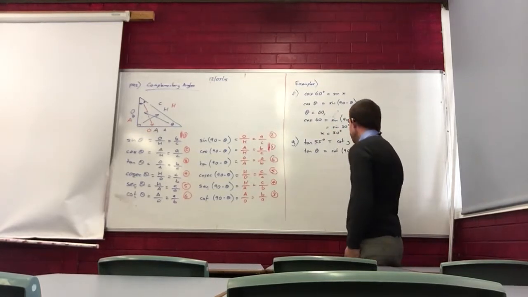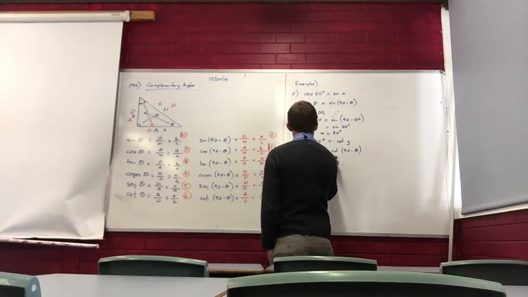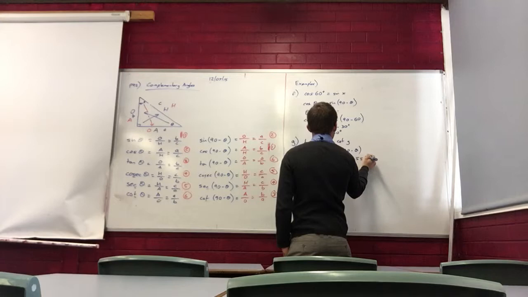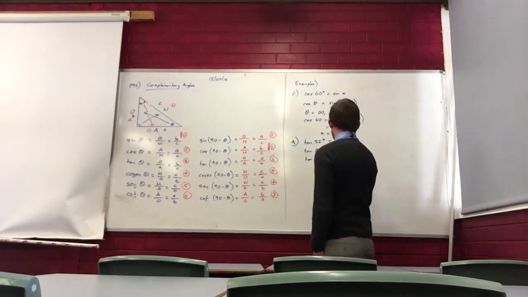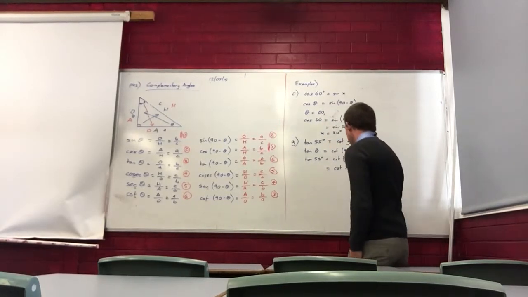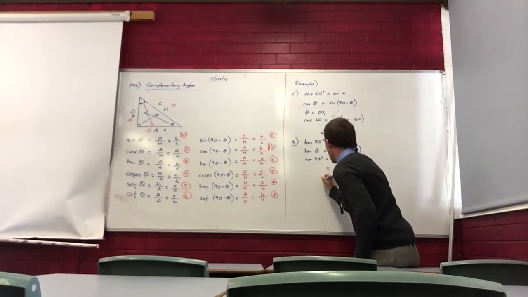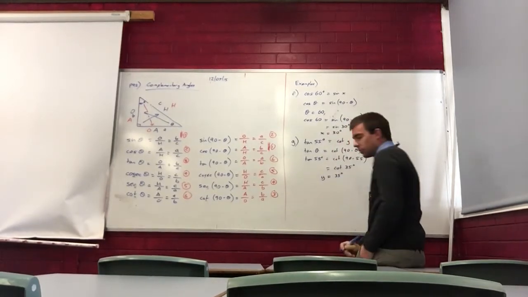There's your connection. The tan of 55 degrees is cot of 90 minus 55, which is cot of 35 degrees. So that means the variable y will equal 35 degrees.